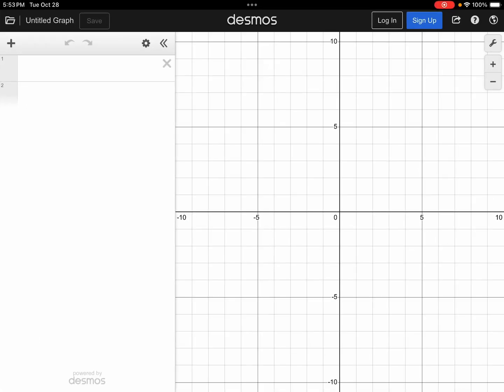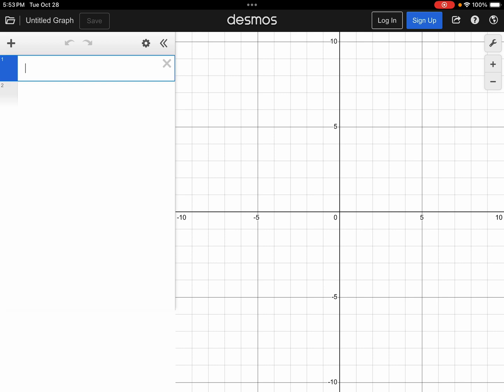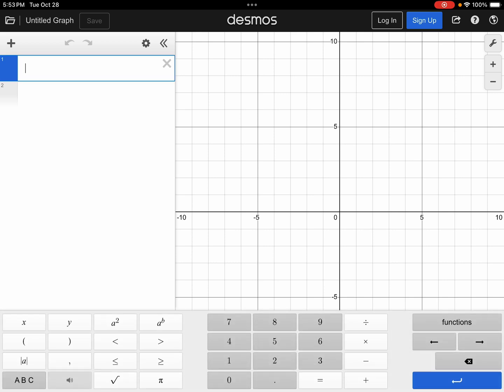So when you open up Desmos, you're going to see your coordinate plane here, and then on the left-hand side of your screen, you're going to see places where you can begin to type, okay? So let's say we wanted to solve the following system of equations. So we have y equals 2x plus 2, okay?